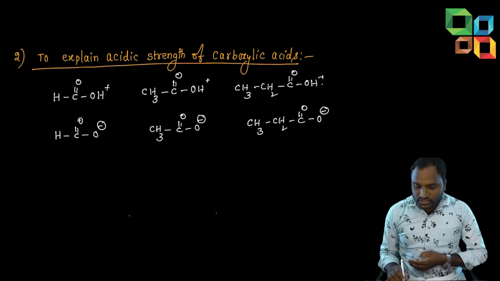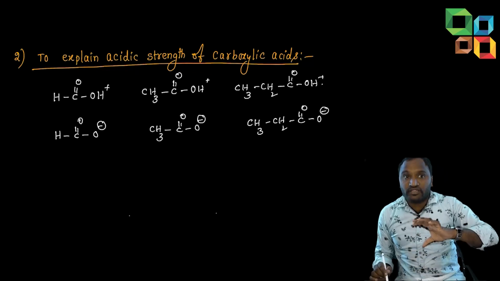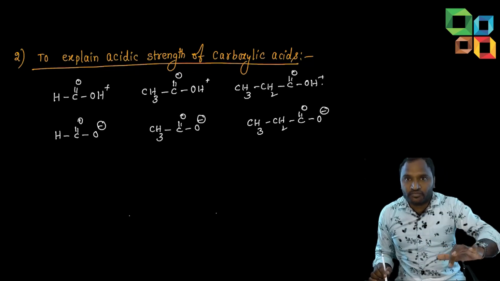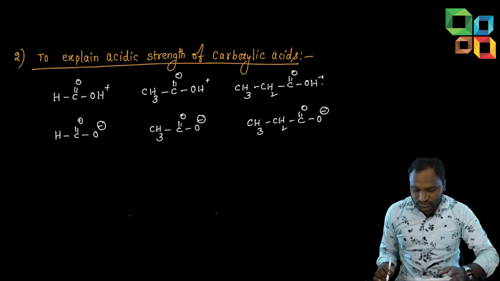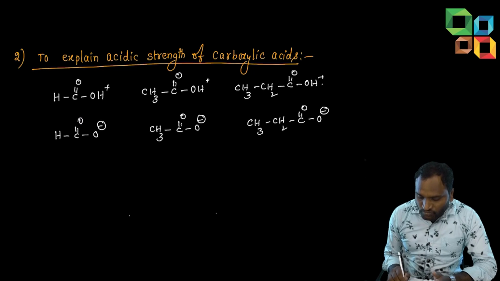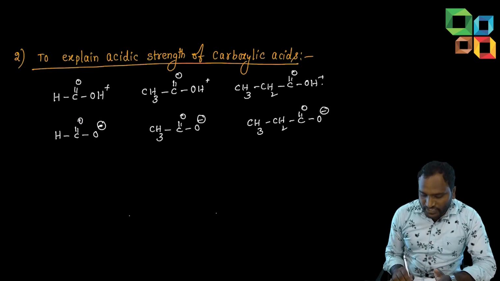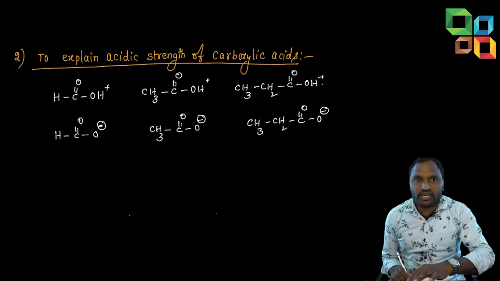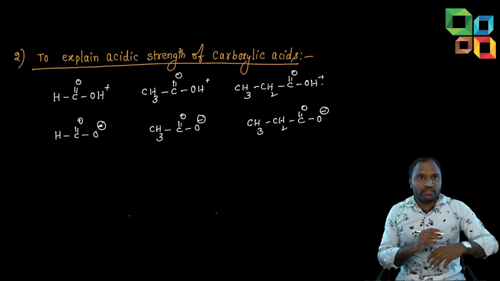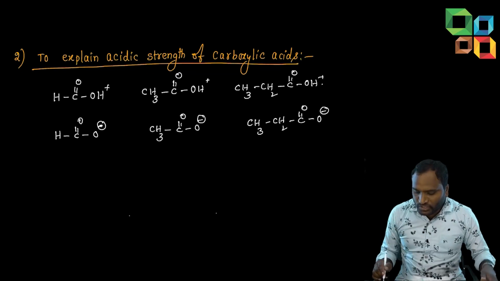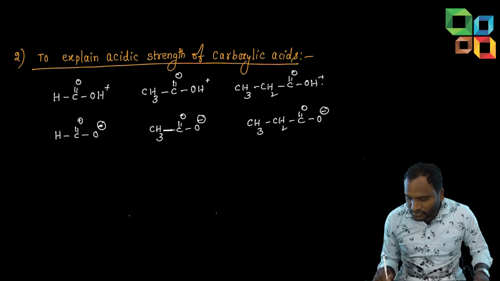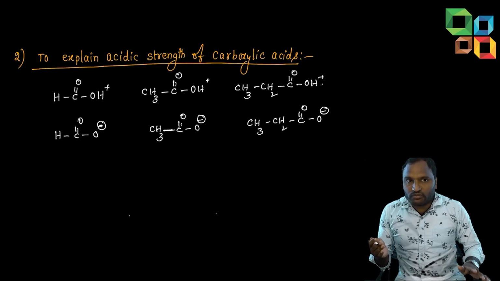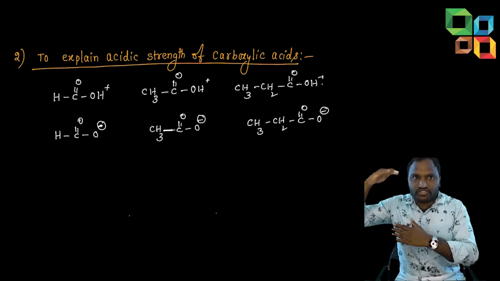Same thing here also. After donating, we have to see the existence. After donating, whether the conjugate base is stable or not, we have to see. Here HCOO minus has electron density. Hydrogen is not an electron donor, and not electron withdrawing; it is simply neutral. Now negative charge is there, so it is feeling some burden by keeping electron density over oxygen.